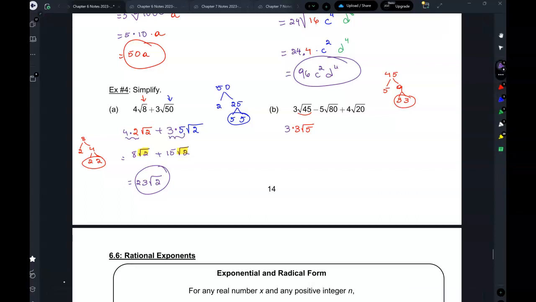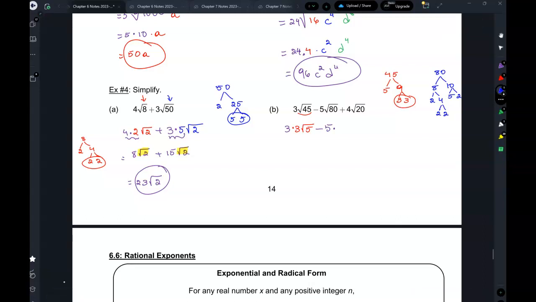You do one bit. Now, minus 5 times root 80. Let's do 80. What times what makes 80? 8 times 10. This is 2 times 4, 2 times 2. And then this is 5 times 2. Okay, I'm grouping by 2's.